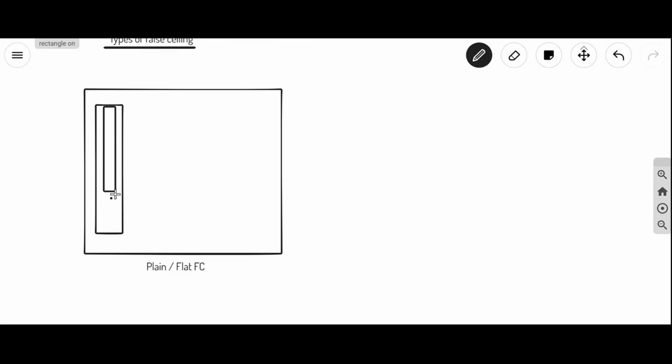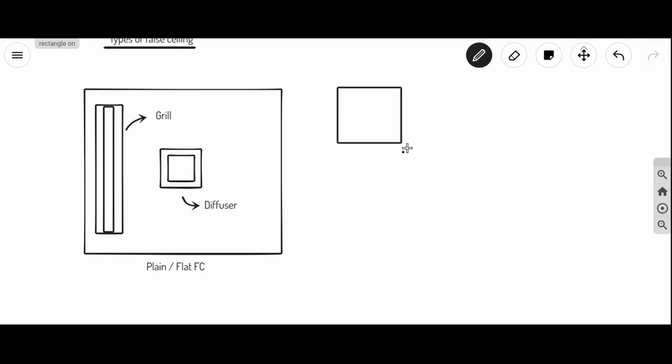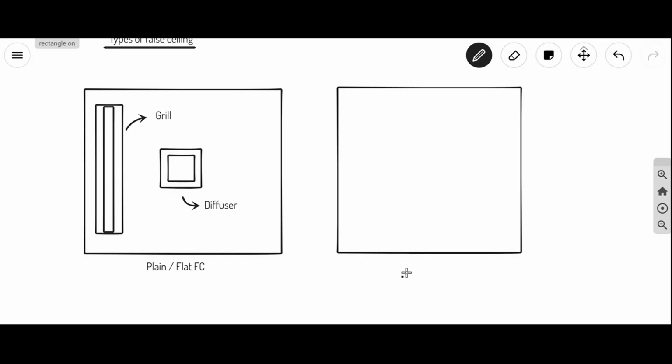diffuser. So we have a second one, grid false ceiling.